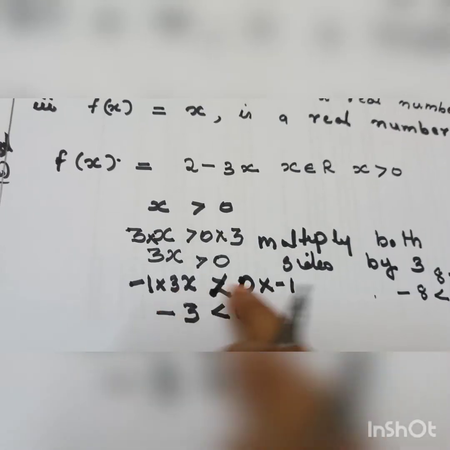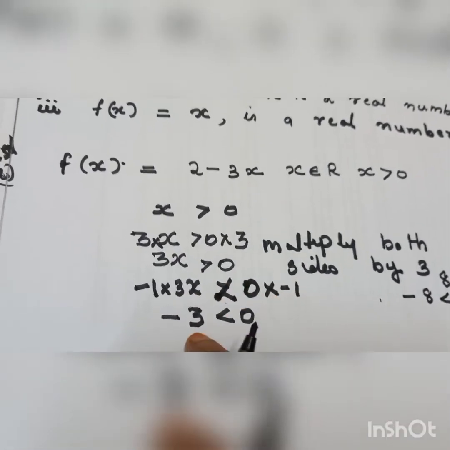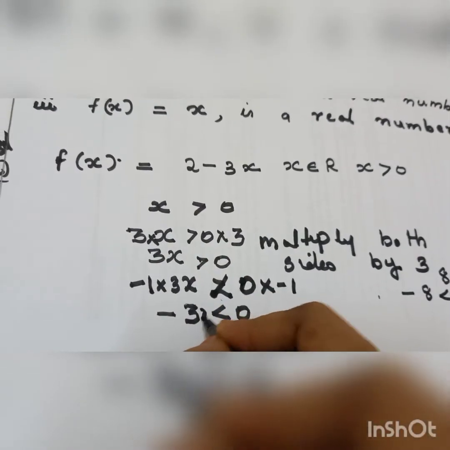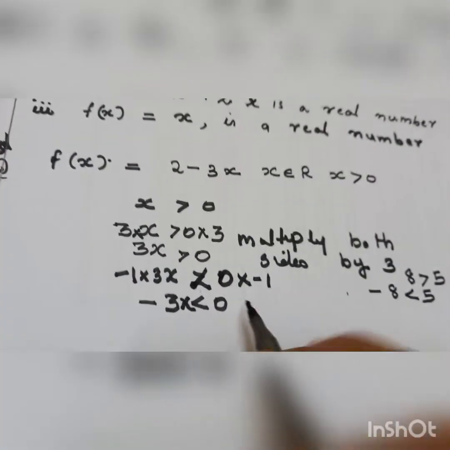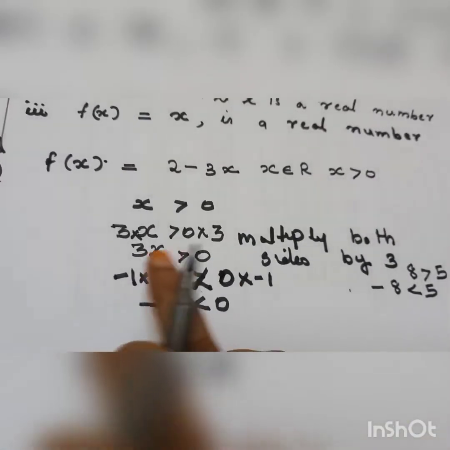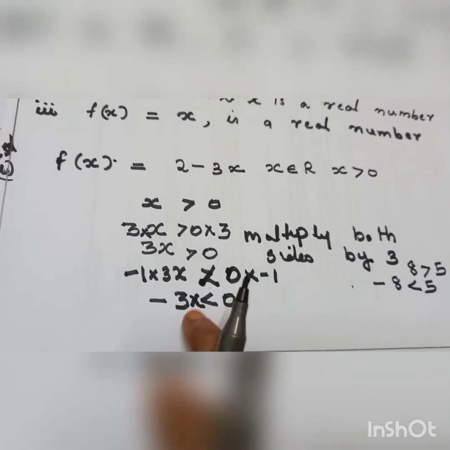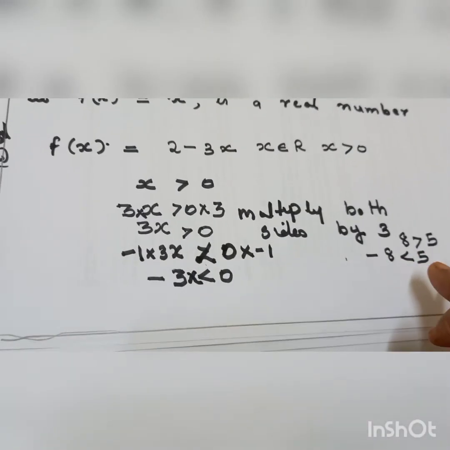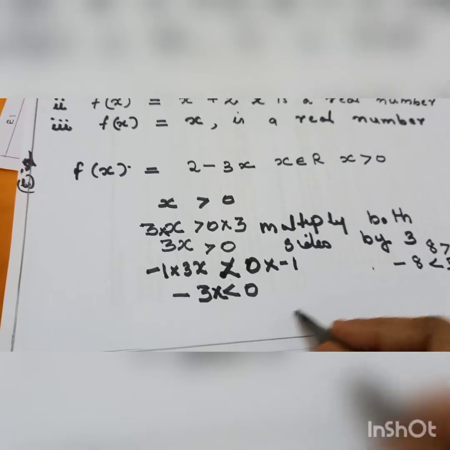If you are multiplying both sides by minus 1, the inequality changes. So we get minus 3x is less than 0. Okay, is it clear?